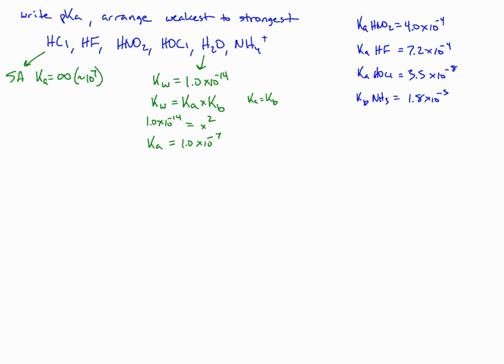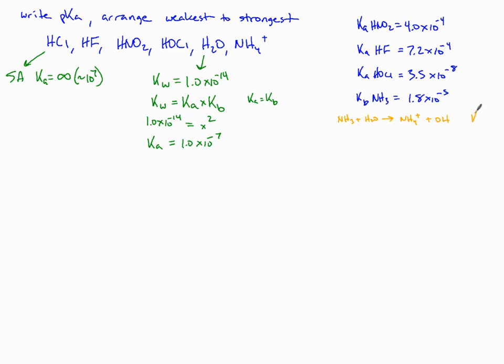We have one last issue here that we have to cover, and that is for ammonia, we are given a Kb value instead of a Ka value. So when you're looking at this one, what we see is NH3 plus water yields NH4 plus and hydroxide.